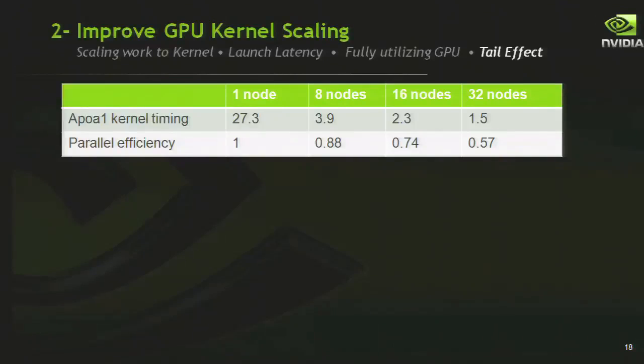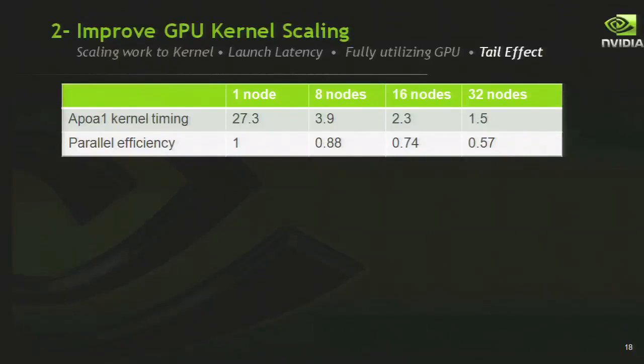So this is what we had observed in Nambu when we were trying to scale to large amounts of nodes for this very small problem. Our parallel efficiency for the GPU kernel itself was not that big. So the hypothesis was that we're running into this tail effect where you have load imbalance between the blocks of work, and some little blocks of work are holding up completion.